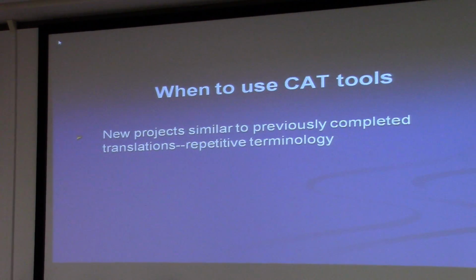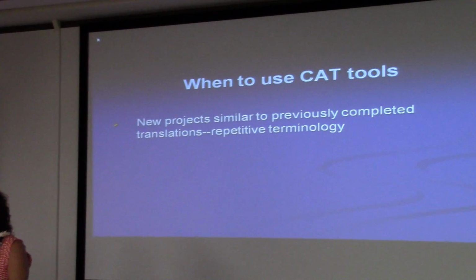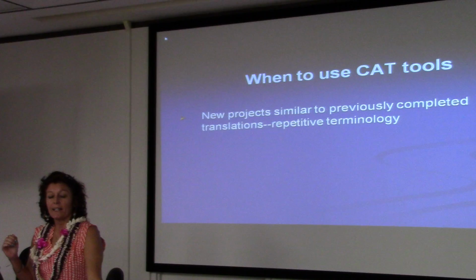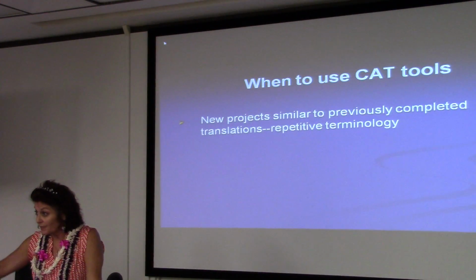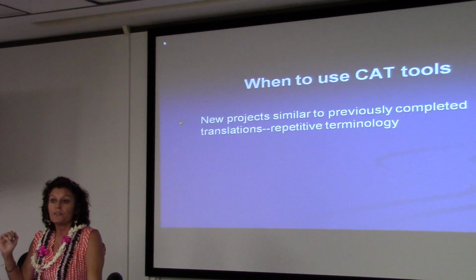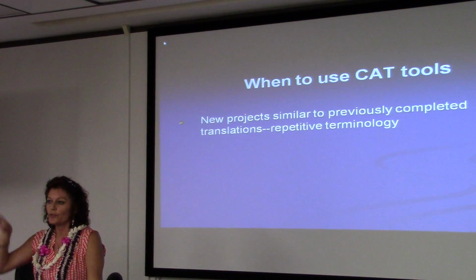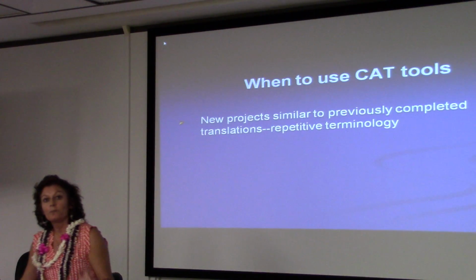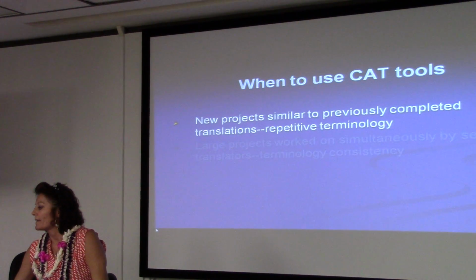So originally, that's what they were designed for. These days, they have so many useful features that even if you have a text that does not involve as much repetition, like for example, literary works, you can still use them. I won't go into detail, but you just would have to design them a little bit differently yourself, okay?